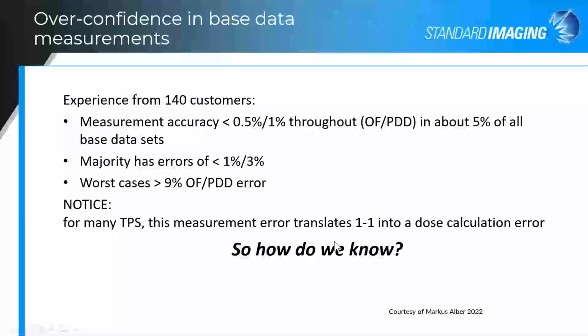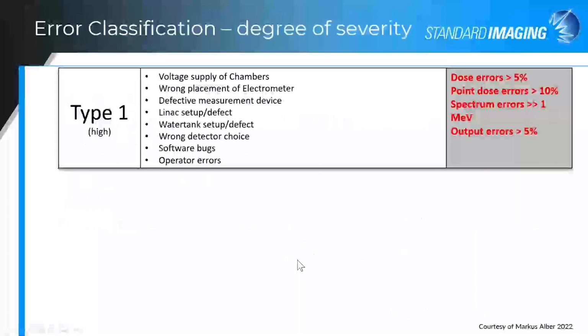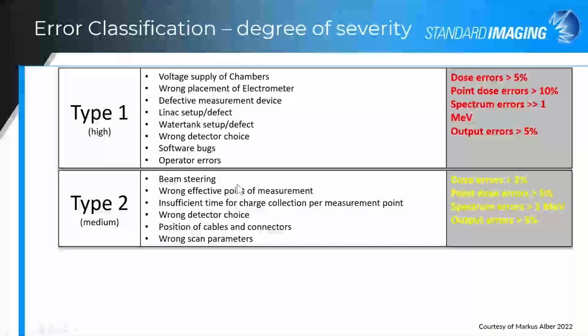And in the previous slide, I tried to explain, and hope I've done so successfully, how we know that there are errors. Just real quickly, the different errors. Type 1, dose errors greater than 5%: items that might cause that are water tank setup issues, defective measurement devices, poor placement of electrometer, operator errors.